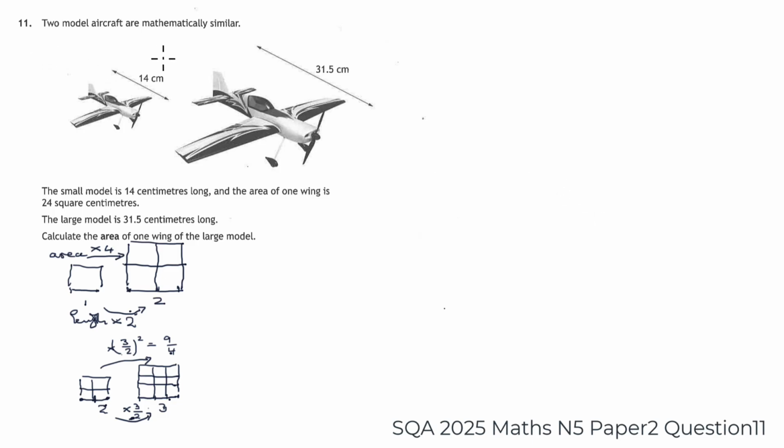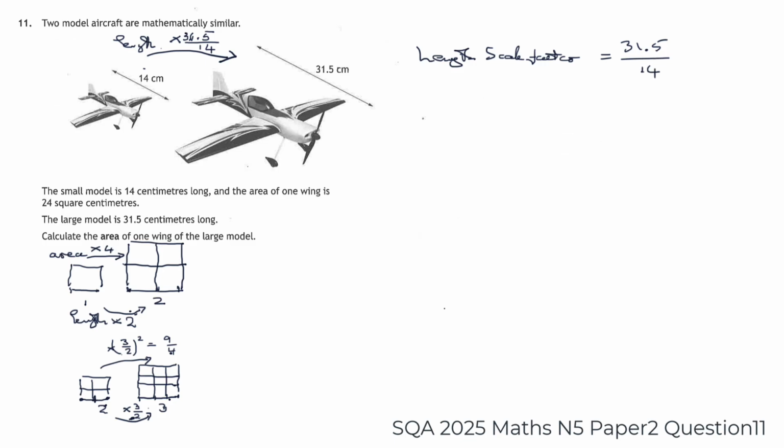Now, the length scale factor, take the larger number divided by the smaller one, 31.5 over 14. That's the length scale factor. Well, let's write this down at the side. Length scale factor, 31.5 over 14.